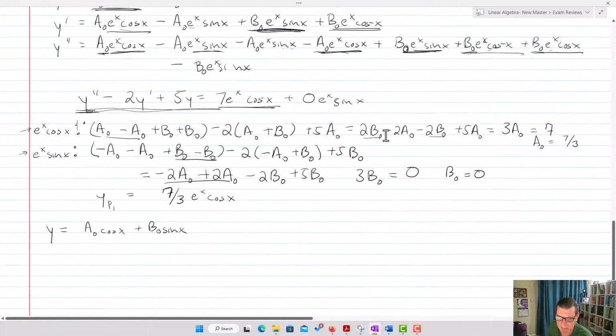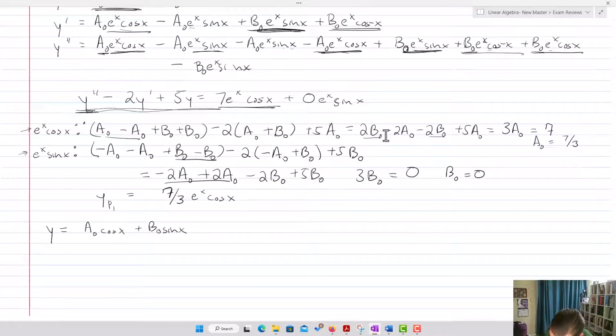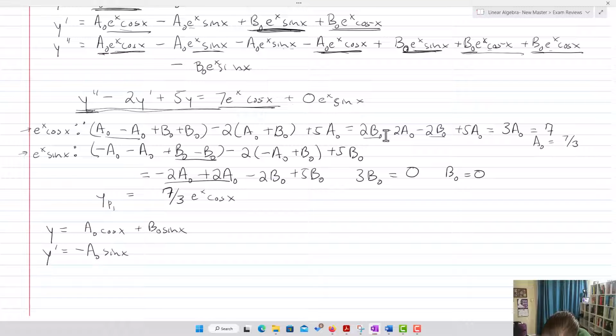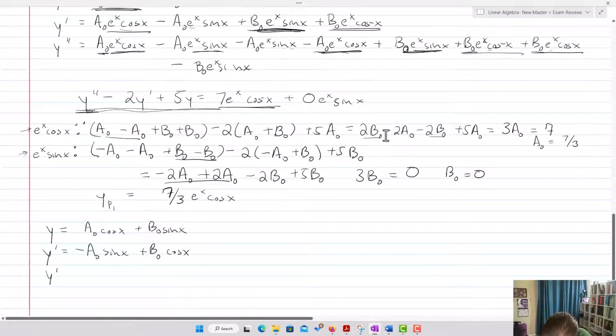So the coefficient there is going to be 1 sine x. So I have y equals a naught cosine x plus b naught sine x. Y prime is going to then equal negative a naught sine x plus b naught cosine x. And y double prime is then going to be negative a naught cosine x minus b naught sine x.